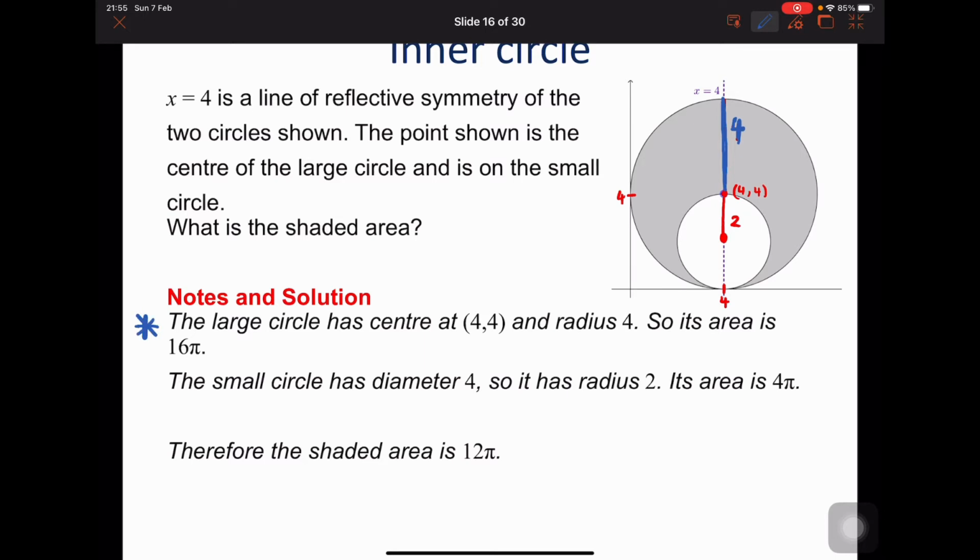For the larger circle, we have 4 squared times pi, which is 16 pi. For the smaller circle, 2 squared times pi is 4 pi. And so the area of the shaded region is 16 pi take away 4 pi, which gives you 12 pi.